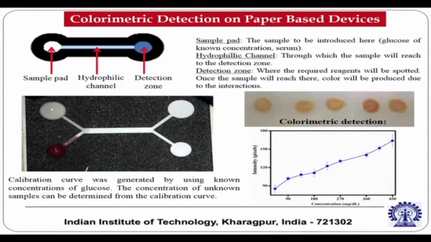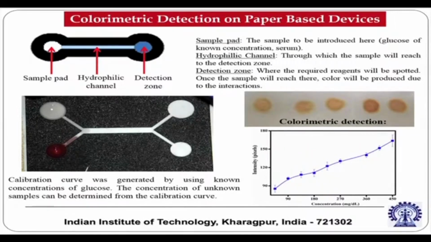We had made some colorimetric detections on paper based devices. You have a sample pad through which the sample has to be introduced, a hydrophilic channel through which the sample will reach the detection zone, and a detection zone where the required reagents will be spotted.